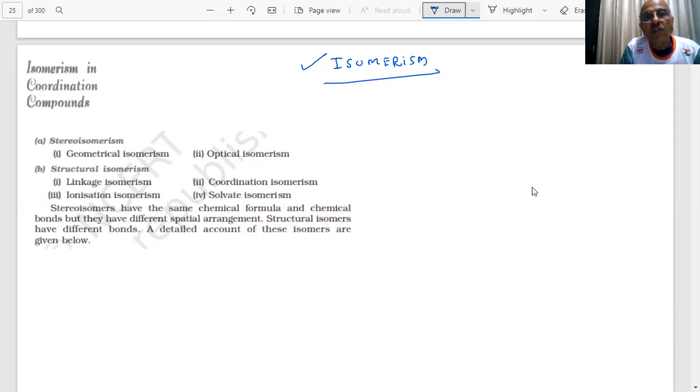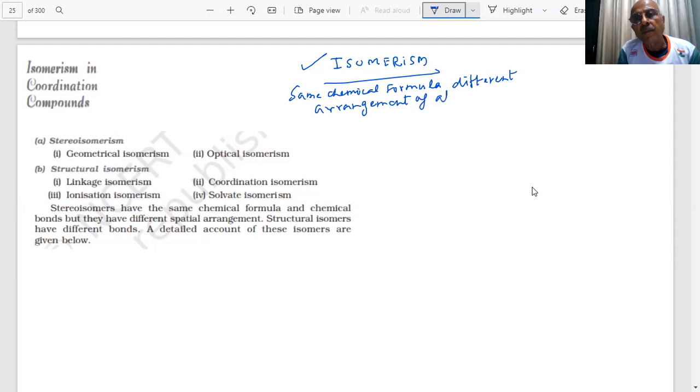Same chemical formula, but different arrangement of atoms. The arrangement of atoms will be different.